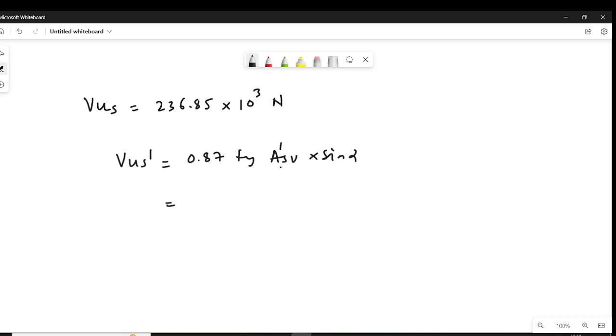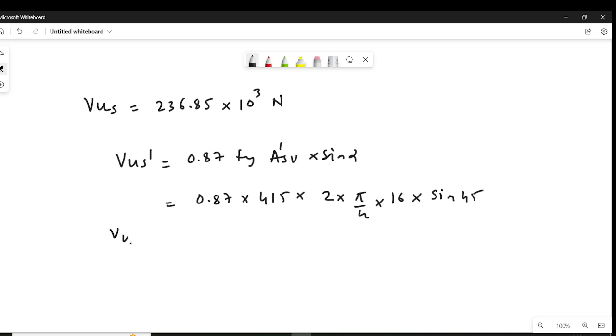So Asv dash is nothing but the area of curtailed bars. So 0.87 into Fy 415 into 2 bars of pi by 4 into 16 square into sine alpha. Alpha is also given in the problem, that is 45 degrees.